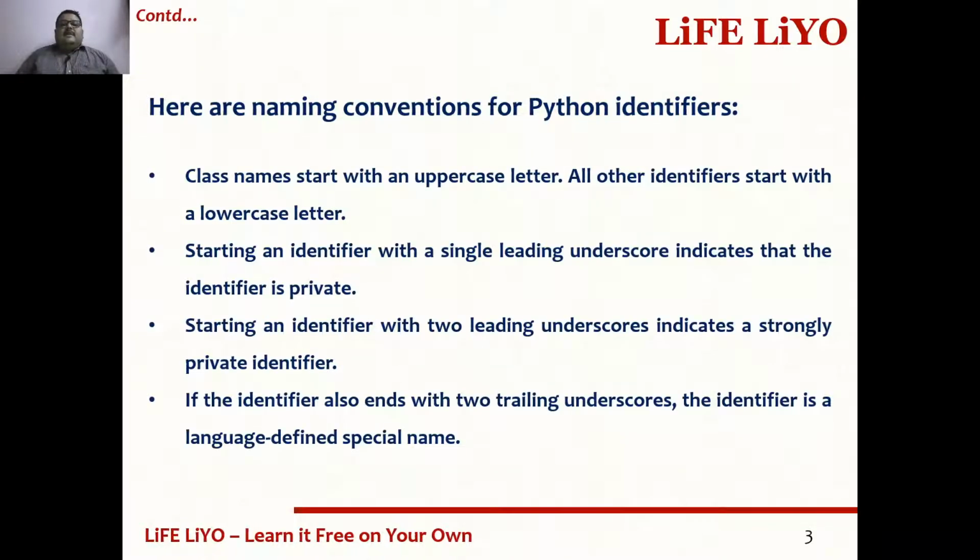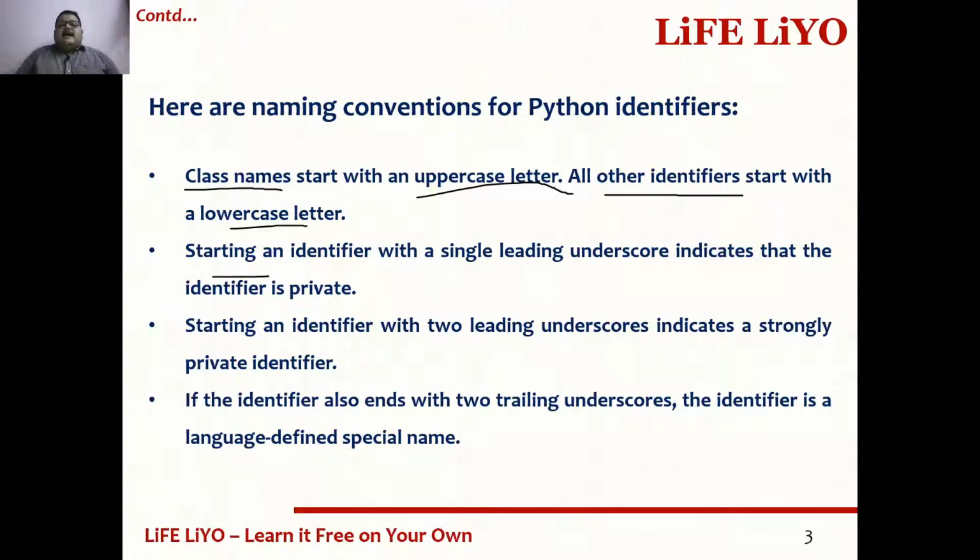Now, some naming conventions for Python identifiers. While giving a name to any variable or any function, we have to keep these naming conventions in mind. For example, if you are giving class names in Python, the name should start with an uppercase letter. Other identifiers can start with lowercase.